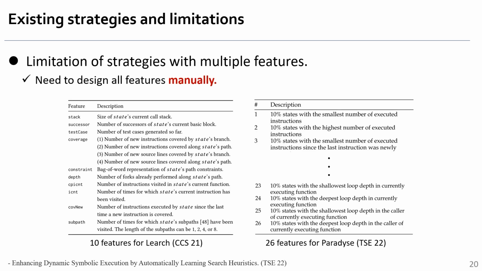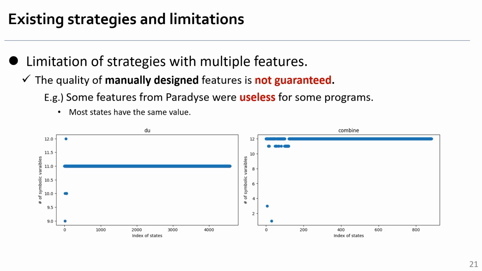However, these multi-feature strategies still have limitations. All the features they use must be manually designed. For Lurch, the authors had to manually design 10 features, and Paradise, which is another multi-feature strategy, used 26 manually designed features. And also, even with hard work to design, their quality is not guaranteed.